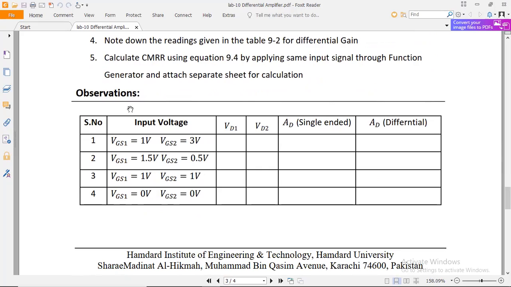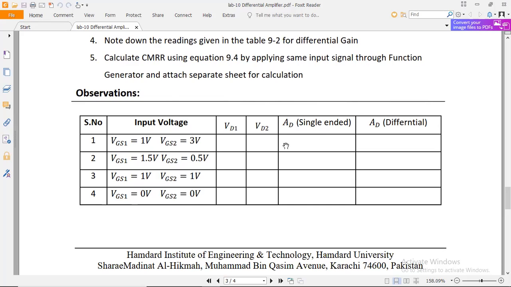Comes to the observation column, how it can be filled. So VD1, these are the supplied drain voltages of source 1. You can put it here, and here VD2, you can put it here. For single ended, the ratio between these two gives you the differential gain at single ended.